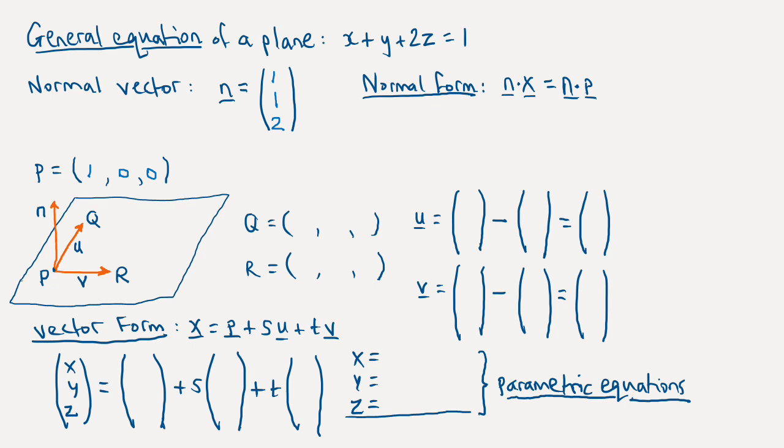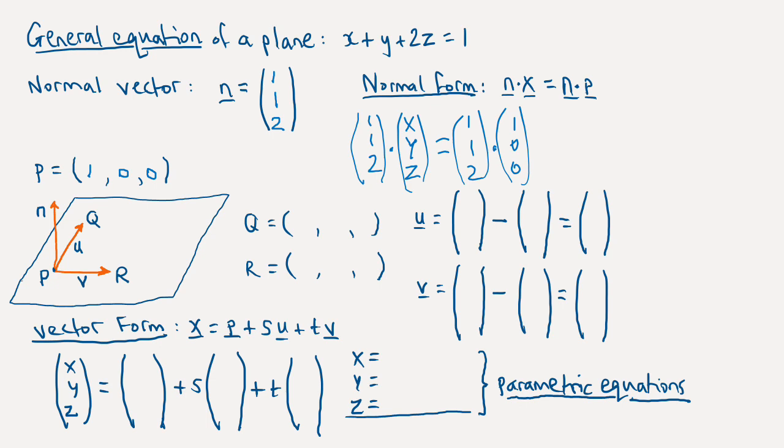And so the normal form of the equation here is going to be 1, 1, 2 dot product with the x vector, x, y, z. That's equal to 1, 1, 2 dot product p in vector form 1, 0, 0.